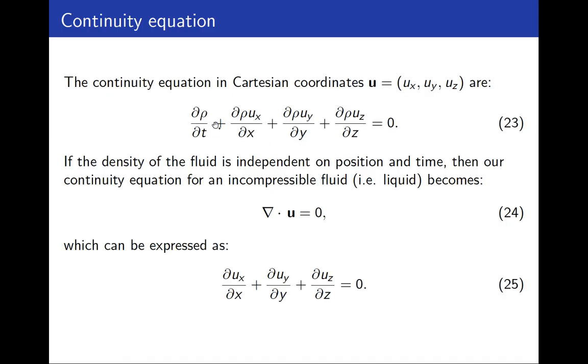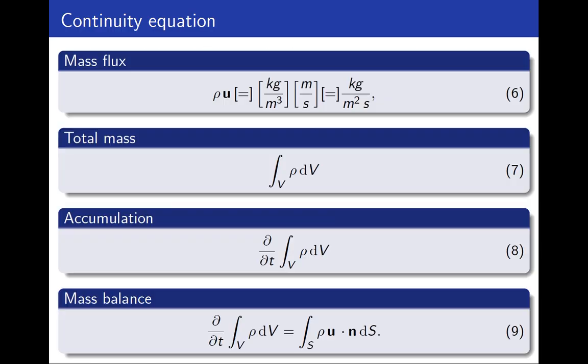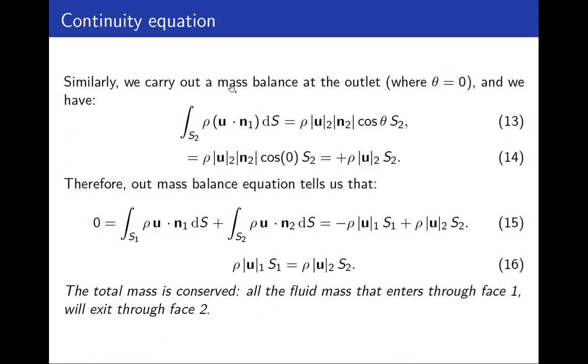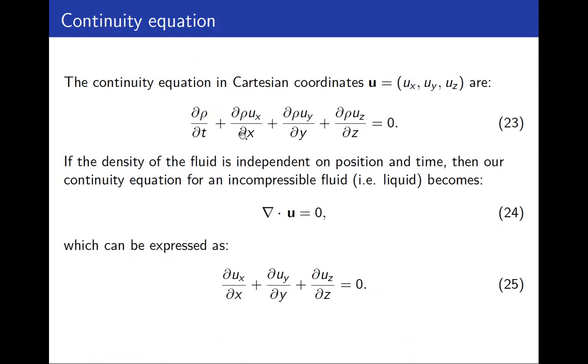We have changes of the density with respect to time, but we also have changes of mass, because remember, the velocity of the fluid multiplied by the density gives us the mass flux: how the mass changes in the x direction, in the y direction, and in the z direction.